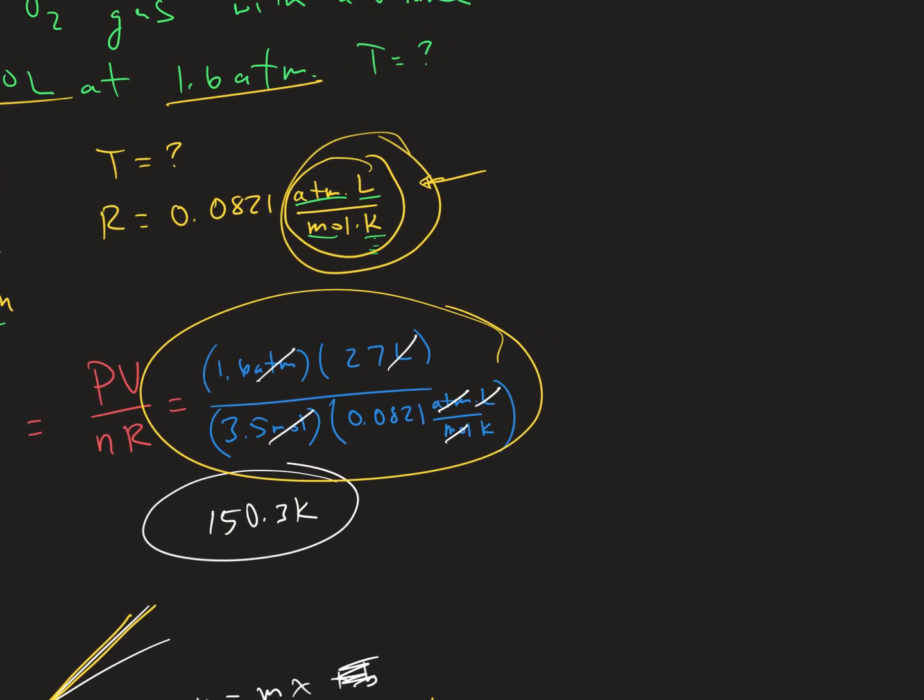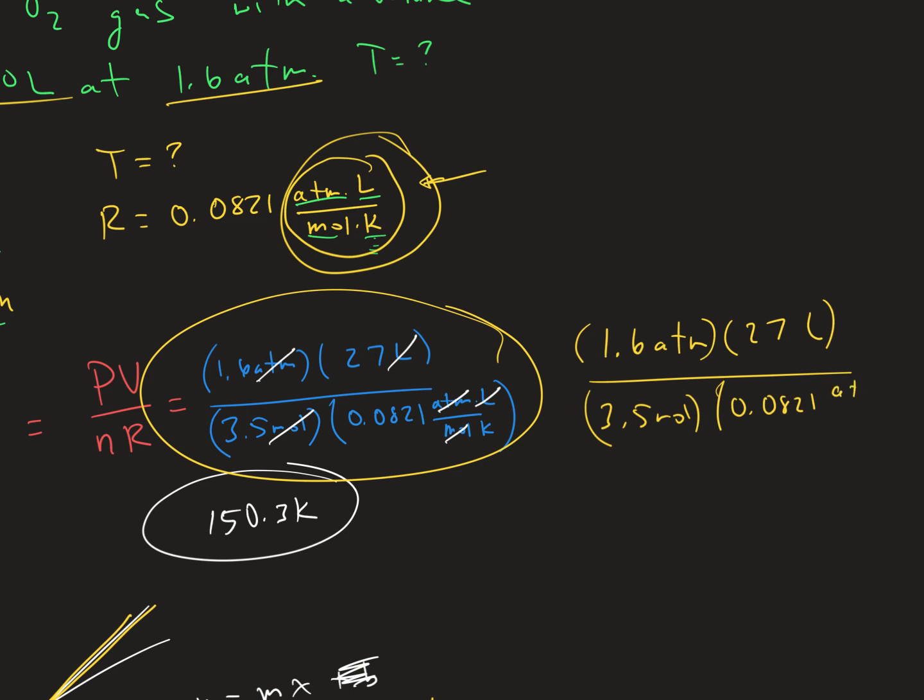So I'm going to rewrite this: 1.6 ATM times 27 liters over 3.5 moles times 0.0821 ATM liters per mole Kelvin. So you're wondering how I can cancel those? Yeah, or moles for that matter.